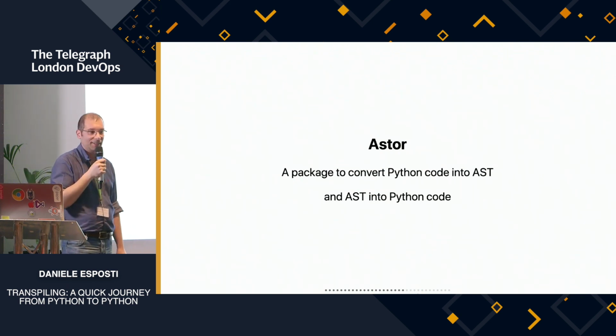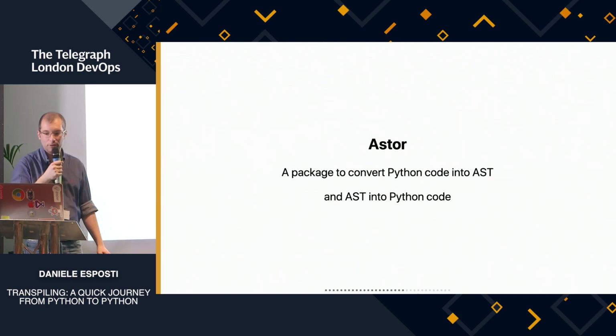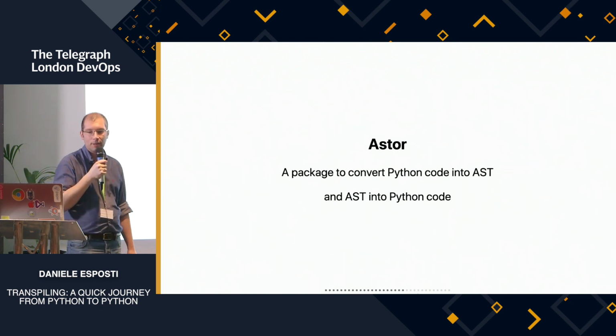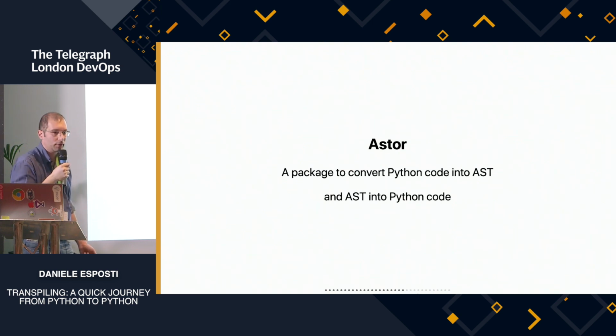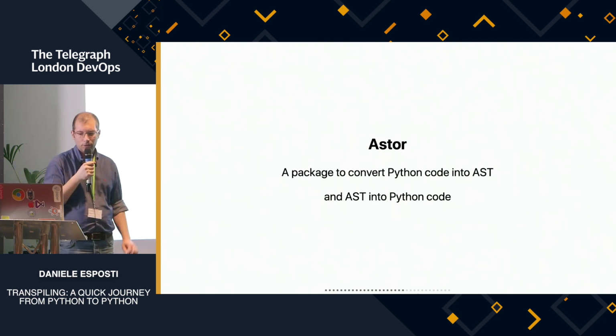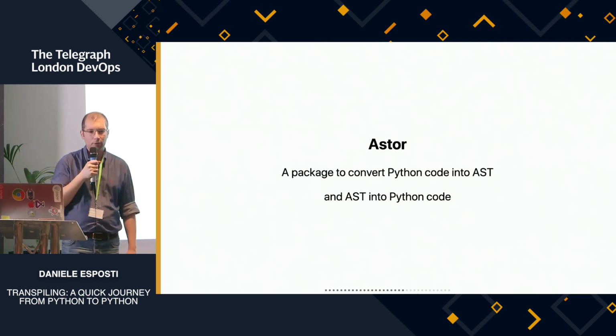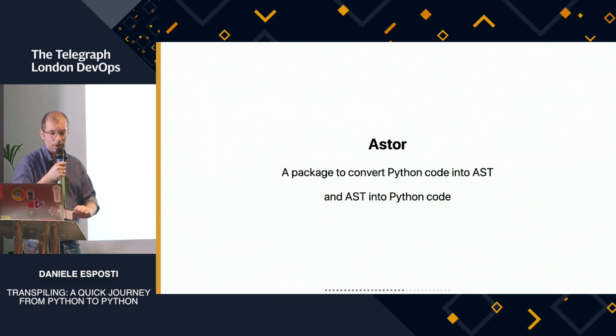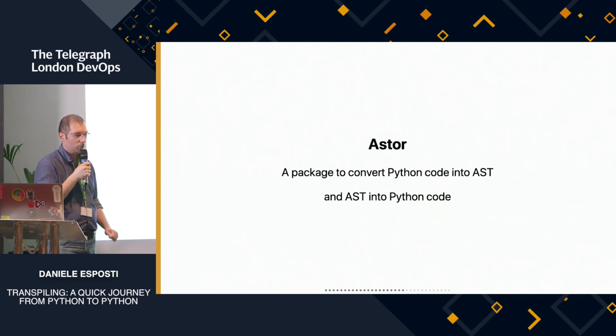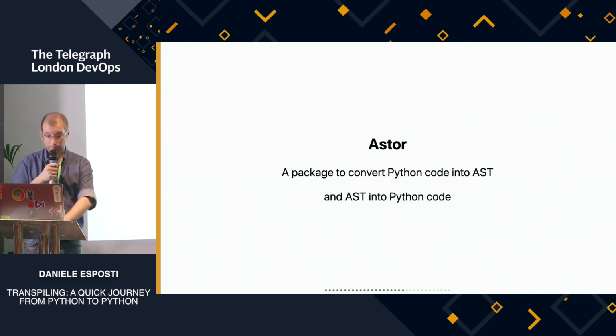Writing this kind of package is doable, but some guy actually did that for us, and it works very well. Use it for Python 2.7, 3.6, and 3.7. There are some issues in 3.8, but it's working fine for the standard, stable versions. So this is what I used for my small proof of concept of a transpiler in Python.